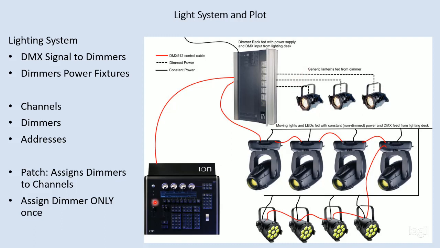There are a couple of terms that we're going to be using as we discuss this. The first one is a channel. Channel is strictly a number that is used by the light board to control dimmers and groups of dimmers. So a channel is a number that is strictly within the light board. A dimmer is actually the dimmer number in the dimmer rack.